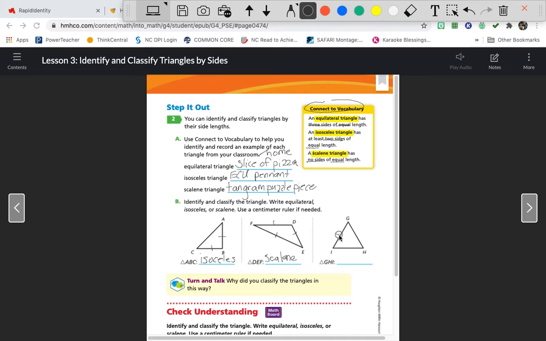You can see that all three sides are equal. So this is our equilateral. So why do we classify triangles this way? Well, one reason is that it's based on the lengths of each of the sides. We use the sides and we use the lengths of each of those sides to help us classify these triangles. So take a second, pause the video, and complete check understanding on your own.